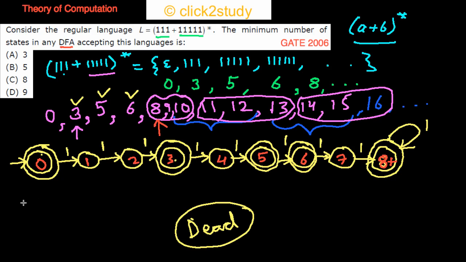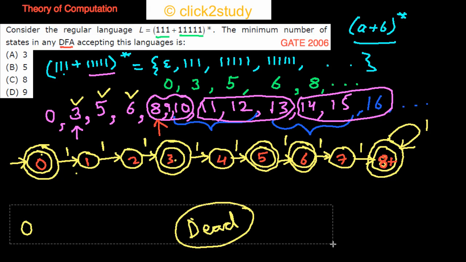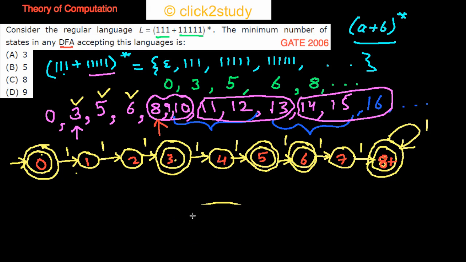Suppose it's not given what the alphabet is. If 0 was present in your alphabet, then for all these things you would have to go to dead states and never come out of the dead state. But it is not given in the question that there is a 0 in the alphabet. So you can just stop here.